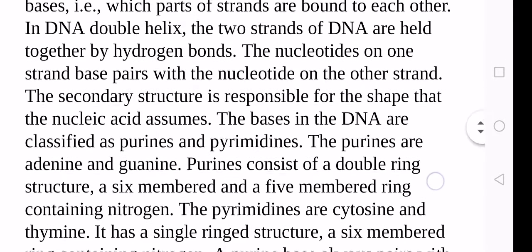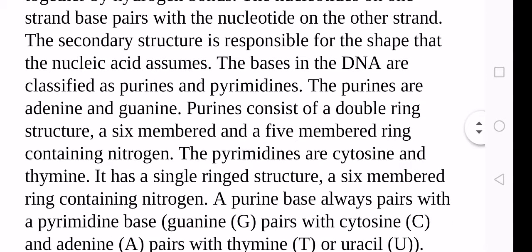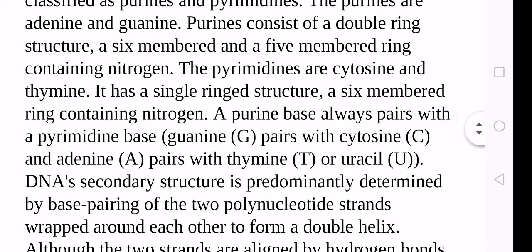The purines are adenine and guanine. Purines consist of a double ring structure, a 6-membered and a 5-membered ring containing nitrogen. The pyrimidines are cytosine and thymine. They have a single ring structure, a 6-membered ring containing nitrogen.